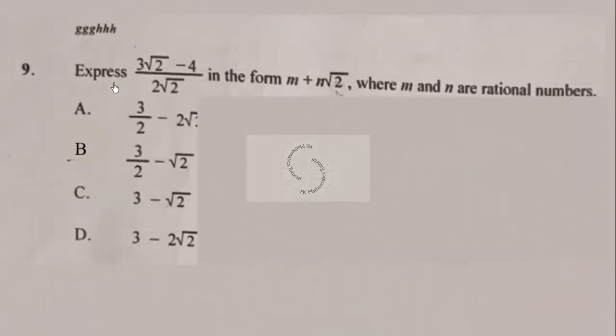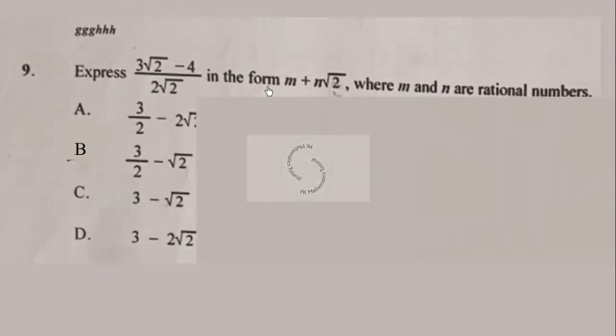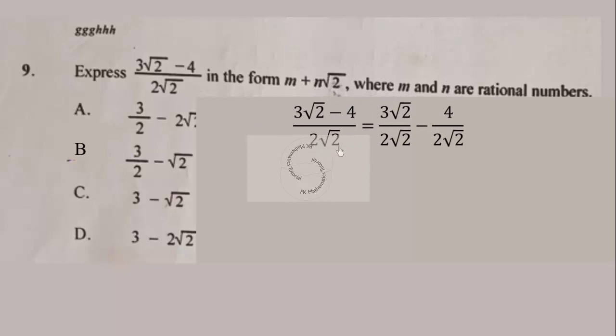Question number 9. We have to express this in the form m plus n root 2, where m and n are rational numbers. So let's go. We split the denominator here. So we give this one the denominator, we give this the denominator separately, and we give this one the denominator separately. So if you do that, this and this will cancel.